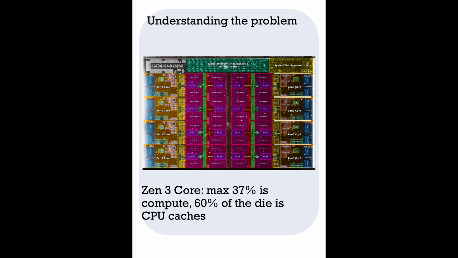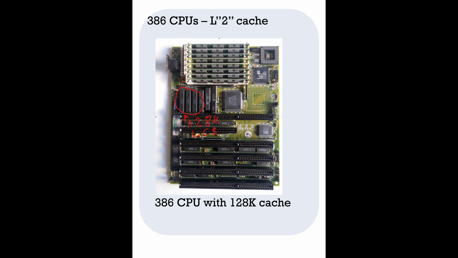You'll say why, and I will try to show how it was historically first, and we'll see how we got here. Most people have maybe heard that when the processor was 32-bit, the first member of this processor family was named 386, and many people may not know, but if you bought a main board for it, most of the time it would have some kilobytes of cache on it.